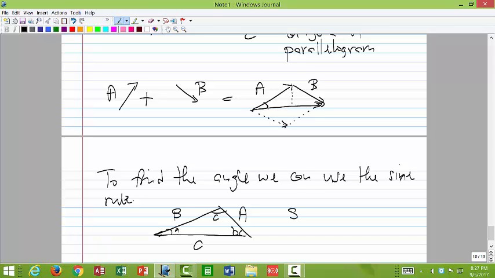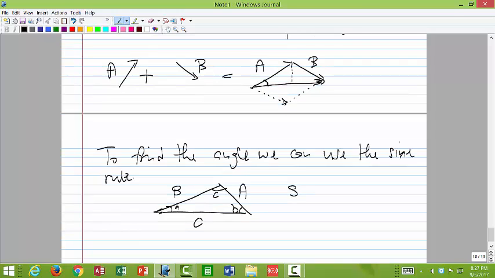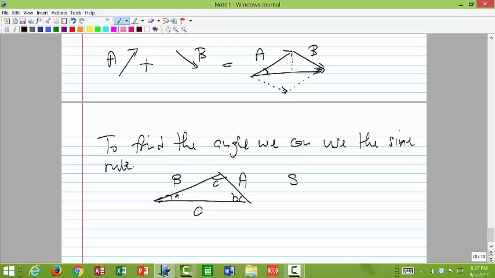Just that the angles are capitals and the sides are lowercase. Okay, I think I have it. So I have it opposite. So sine rule. Small a by sine A equals small b by sine B. Yeah. So I think I have the letters the opposite way. So you're going to do something like this: sine A over A, and then this should be equal to sine b over b.